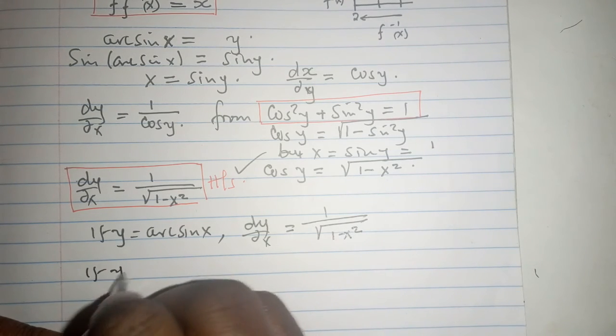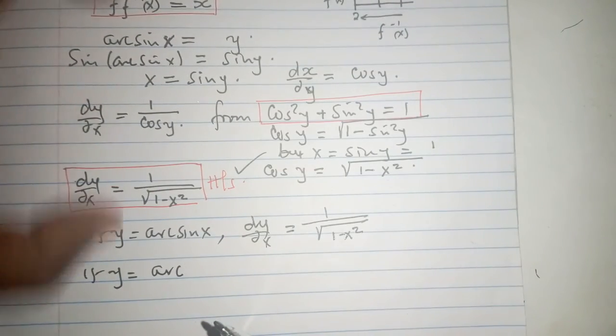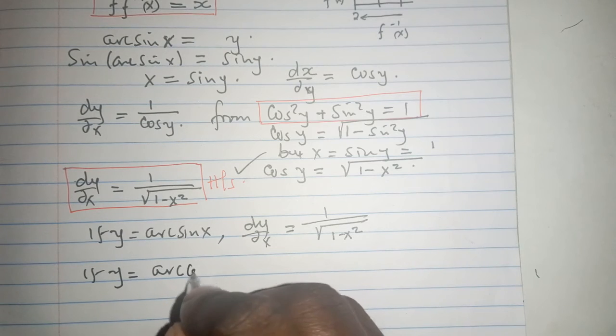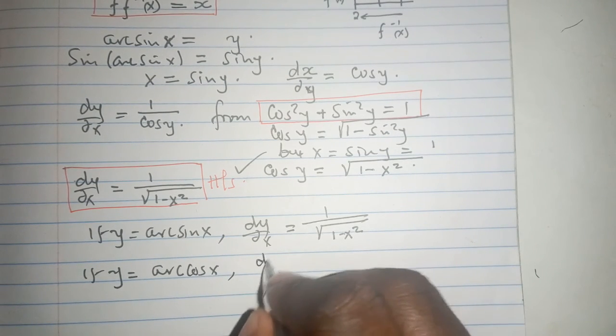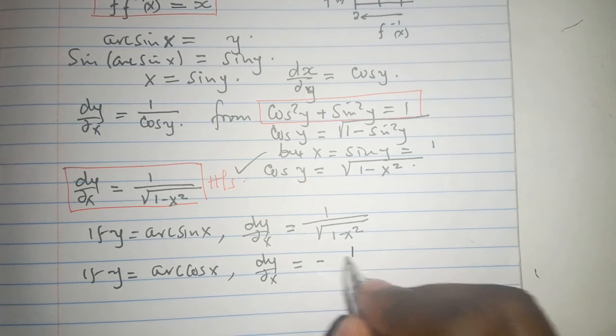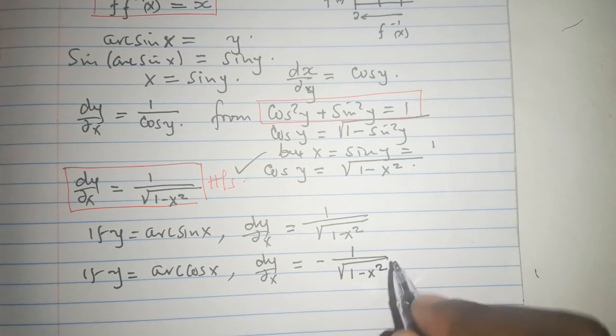If y equals arccos x, then dy/dx equals negative 1 over the root of 1 minus x squared.